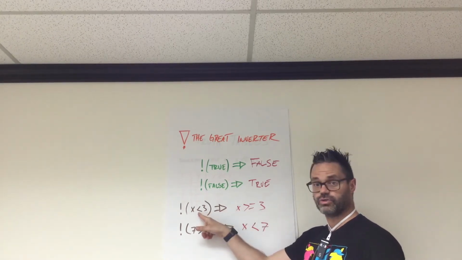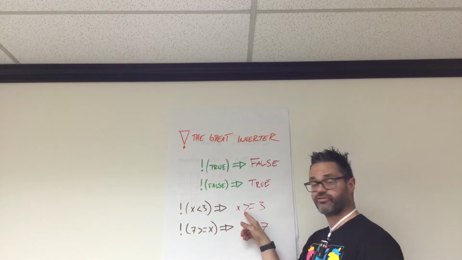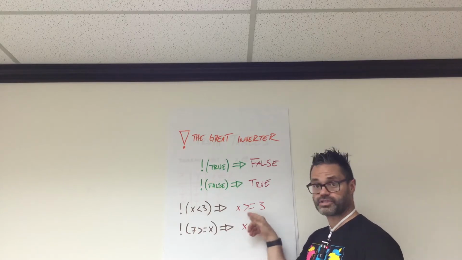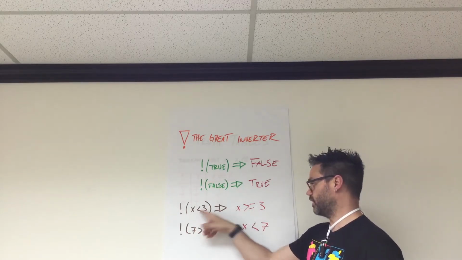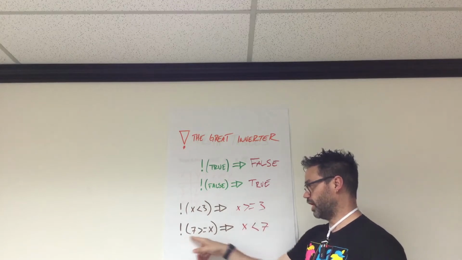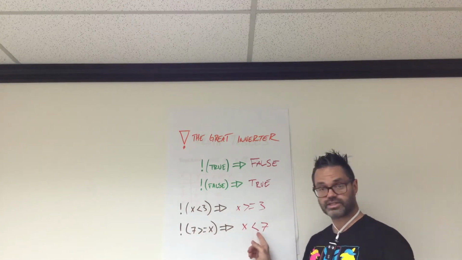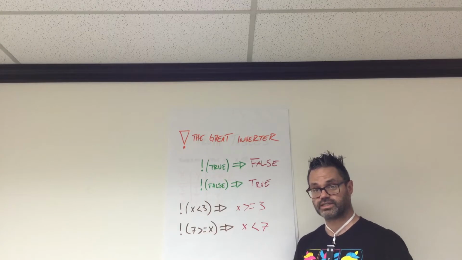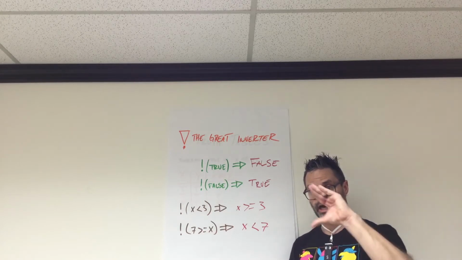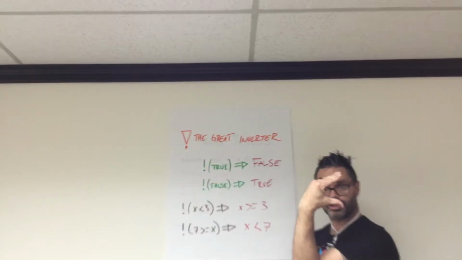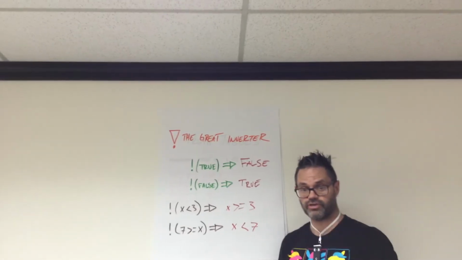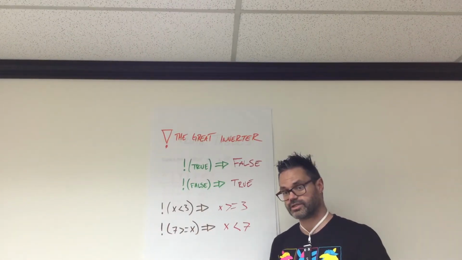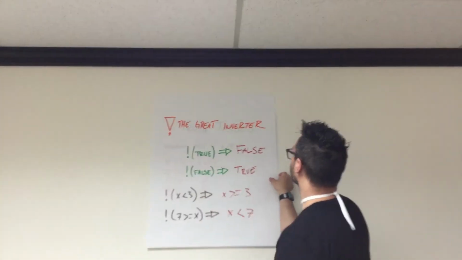It takes an exclusive operator, inverts it, and flips it to an inclusive one in the opposite direction. So not less than becomes greater than or equal to. Not greater than or equal to becomes less than. There's a direct inverse on that. It takes the alligator symbol, changes the direction, and adds an equal sign to it if it's exclusive. If it was inclusive, it becomes exclusive again.